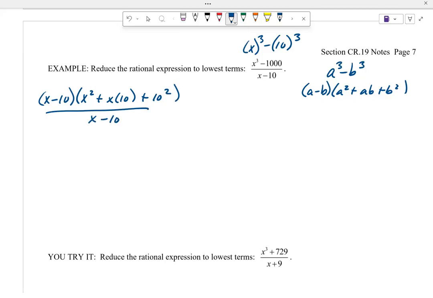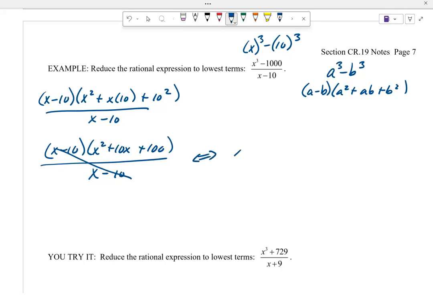Let's clean that up a little bit. Notice my x minus 10s cancel, so I'm just left with that x squared plus 10x plus 100, which by the way does not factor any further on that.